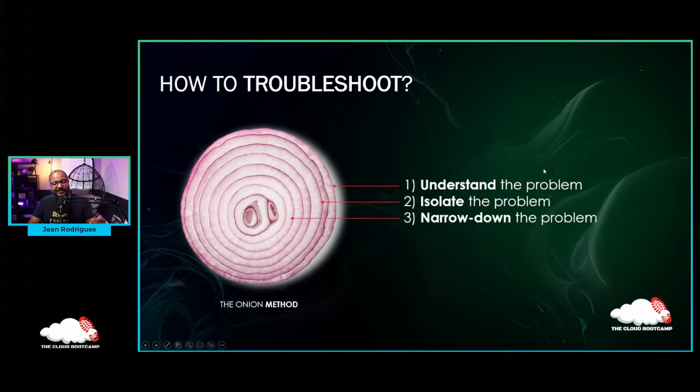And number three here is, once you isolate the problem, meaning you know in which area the problem is located right now, like is it on the database, is it on the network, is it on the cluster, things like that. Once you isolate that, then you're going to narrow down to make sure that you are getting closer to the resolution, right?